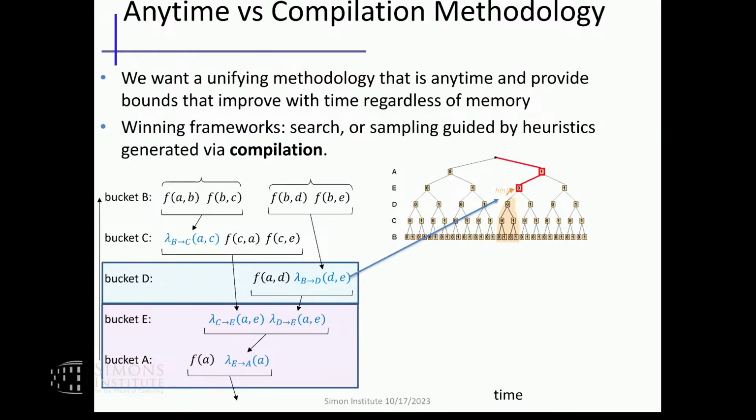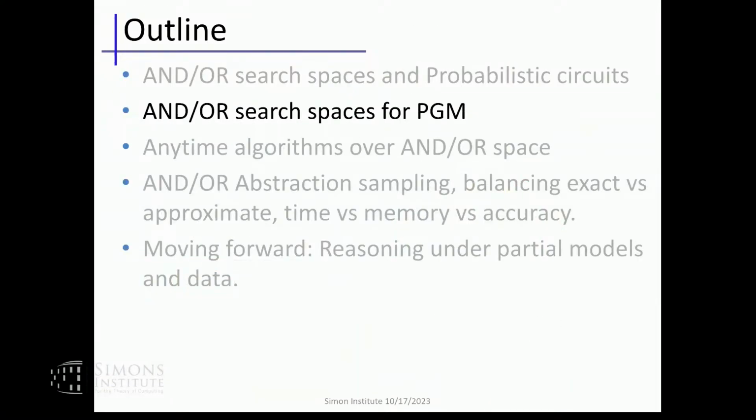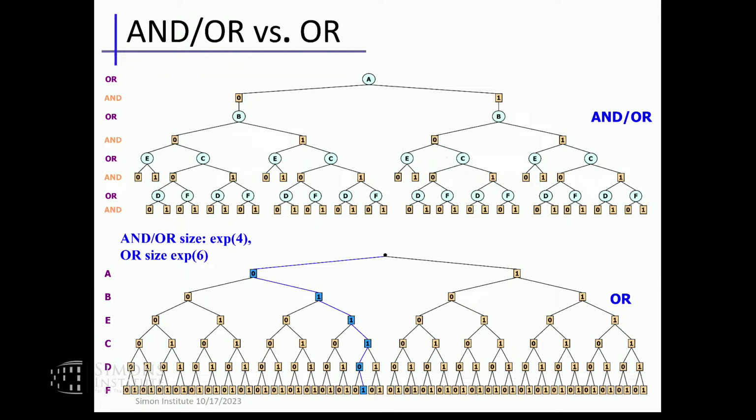And I will show that we have the capability to compile heuristics, but take them to the next step and use them within search, and the search will be over AND/OR search spaces. So let's start to see what AND/OR search spaces are for the probabilistic graphical models.